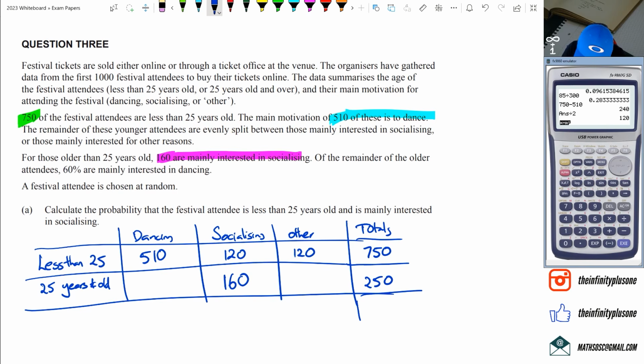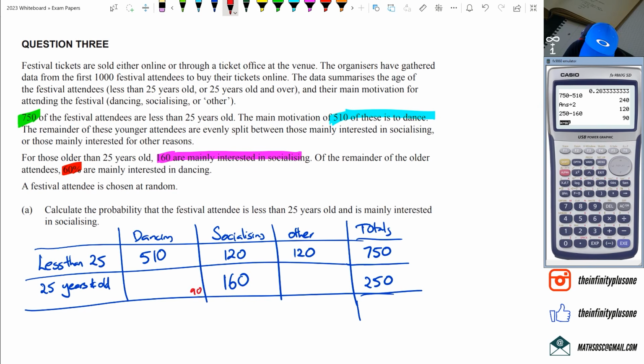Of the remainder of the older attendees, 60% are mainly interested in dancing. So now if you think about it, you've got 160 that's already taken. So this is basically saying 60% of the remaining. So this is the 2 red boxes, that's the remaining. So if we go 250 take away 160, that's going to be 90.